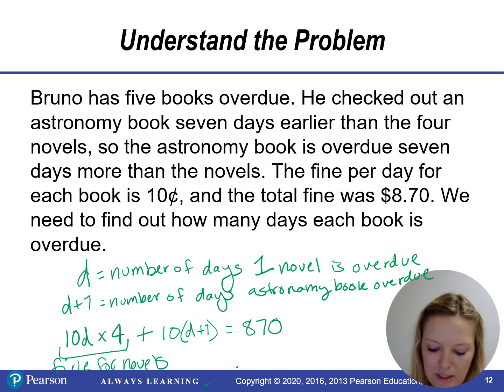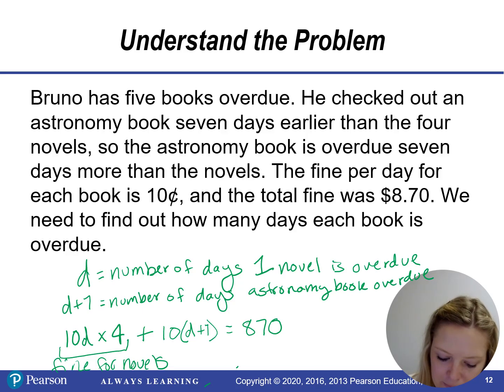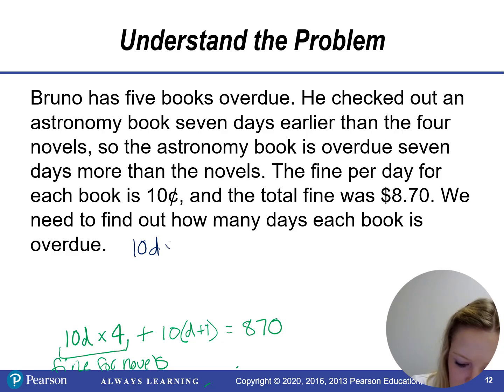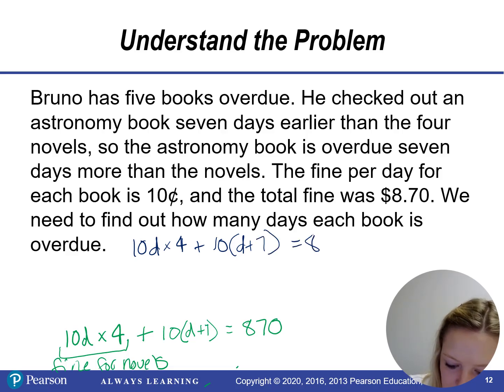So to solve this equation, we're going to need to find d. So if I make some room here, I'm needing to solve 10d times 4 plus 10 times (d plus 7) equals 870.